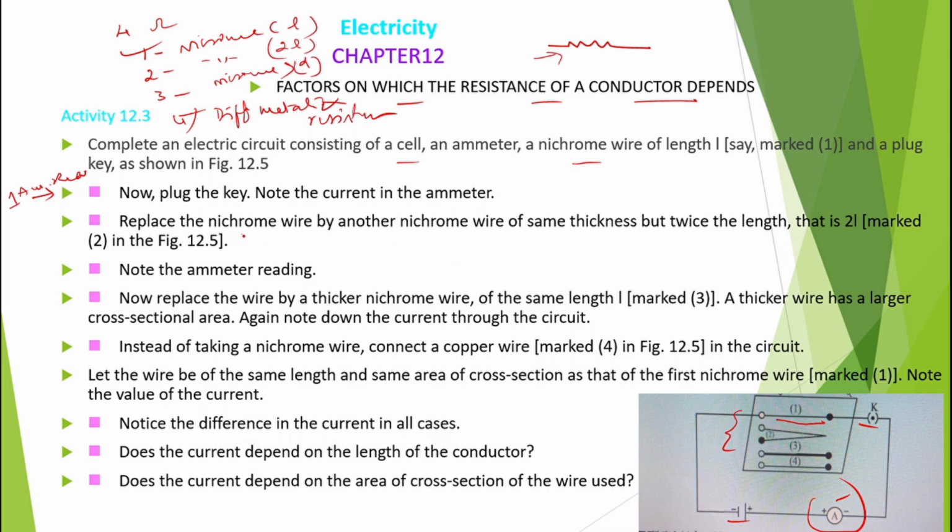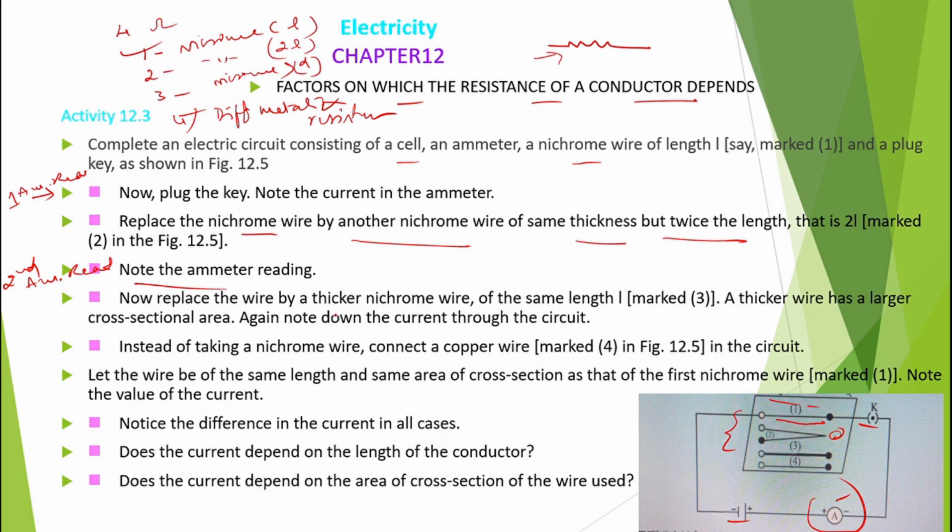Replace the nichrome wire by another nichrome wire, same thickness but twice the length. This is number 2. Now you connect number 2 here, and note down the ammeter reading. This is the second ammeter reading.